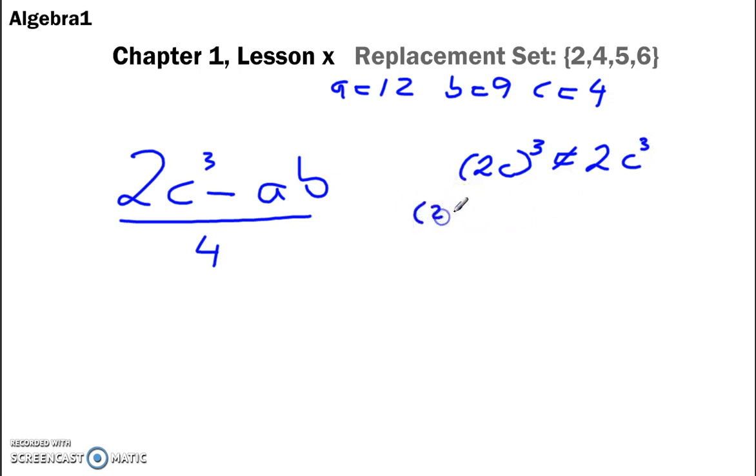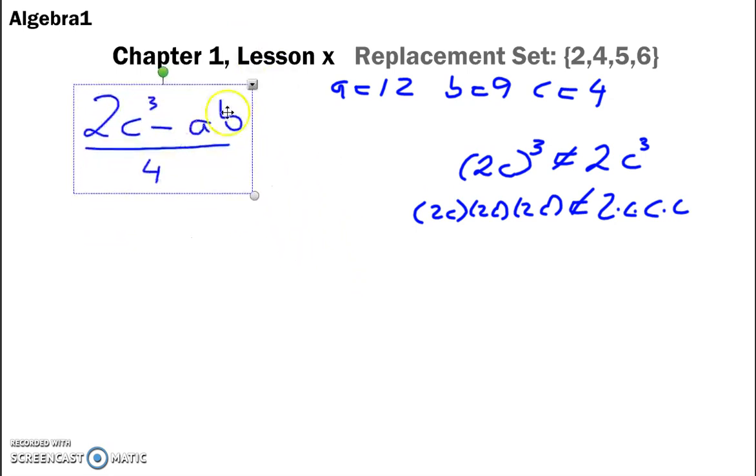This is 3 times the parentheses, whereas this is 3 times the variable. Okay, big difference. Note that. Also, when you replace a variable with a value, put it in parentheses. All right.